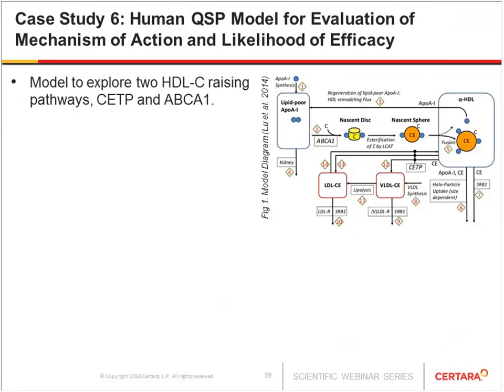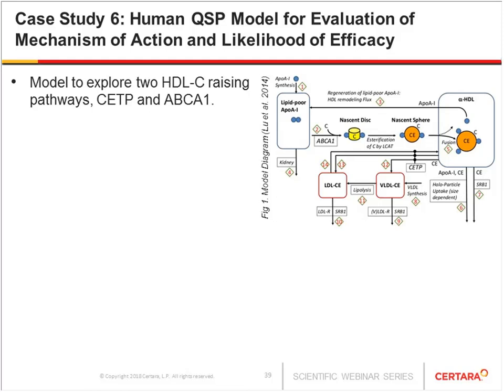And in this particular example I'm showing you here, this was a model by Lu et al., published in 2014. And it's a model that I find really fascinating as it was extremely useful at multiple levels. So they built the model you can see on the right-hand side.